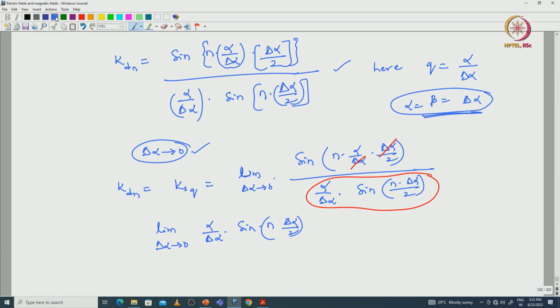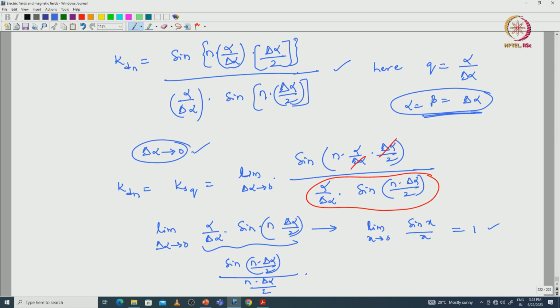This function we have to write in terms of limit x tends to 0 of sin x by x form. If we write it, then it will result in 1. If we rearrange the terms of this function in this manner, then sin n into delta alpha by 2 is nothing but x divided by n into delta alpha by 2.